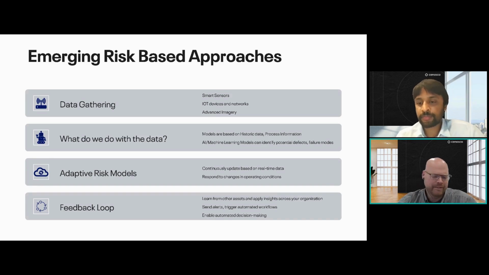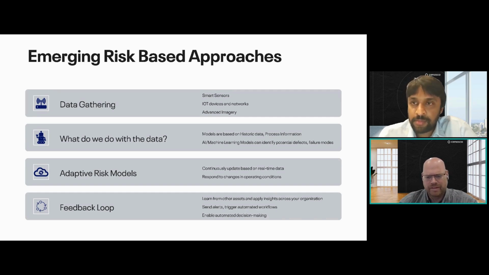I mean, the number of sensors, the number of new data sources that are available on the market, whether it's from, you mentioned, continuous wall thickness monitoring, to moisture sensors for predicting CUI, and any number of other sensors. They're a dime a dozen. We can collect data from thousands of data points where we couldn't do so even 5 years ago.